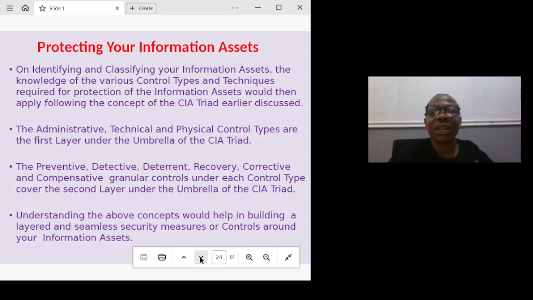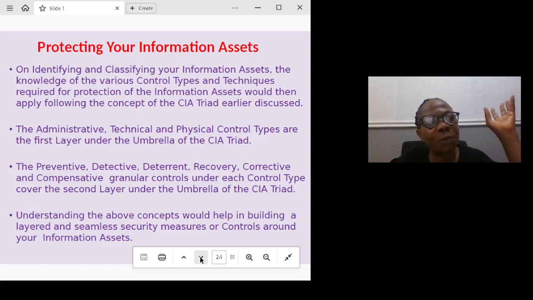So we've identified, we've classified. Now, when we were discussing the concept of the CIA triad, I tried to explain the fact that in every sphere of life, every sphere of business, we look at three categories. We look at the aspect of administration. How are you managing your business?